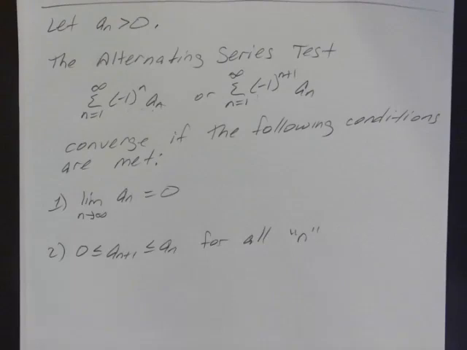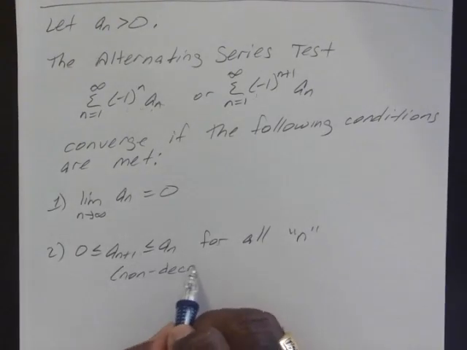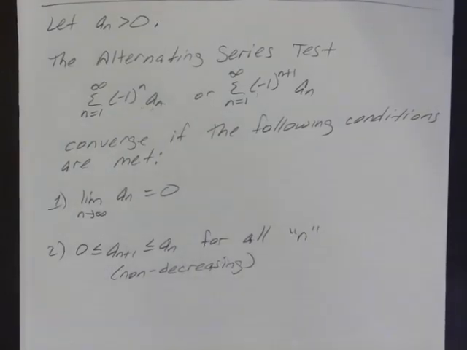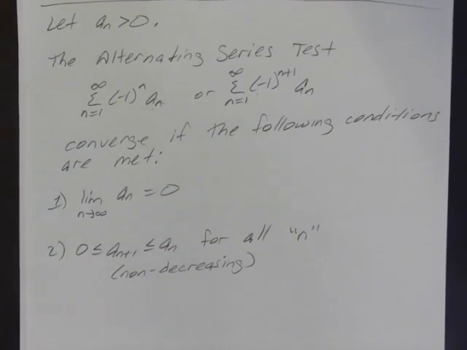Or in other words, non-increasing. So we have to say non-increasing only because it can be constant. It just can't increase. So it can either decrease or it can remain constant as long as it's not increasing.